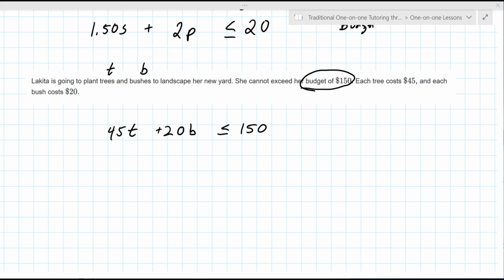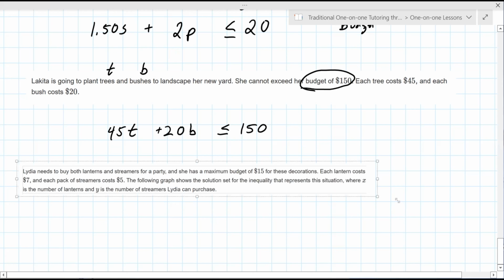But in the meantime, let's go back to doing some more inequalities. Actually, this is another word problem, so we'll look at this.